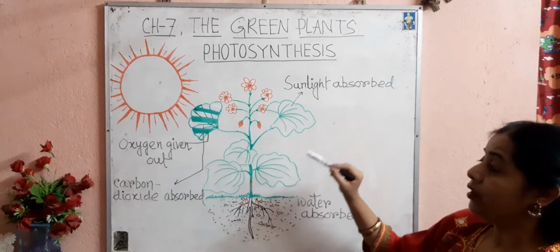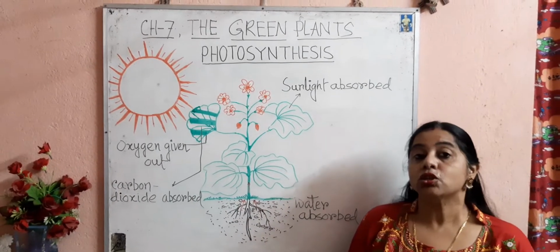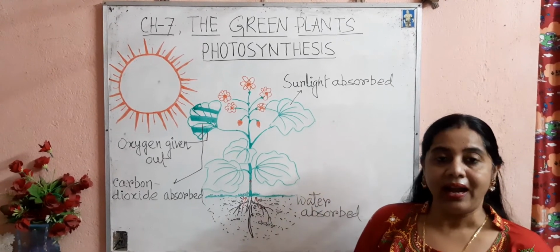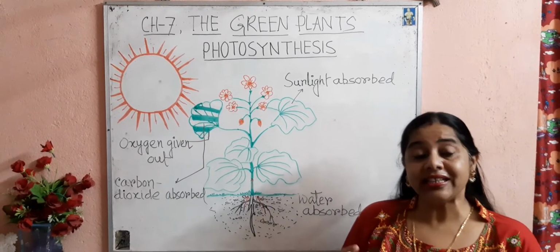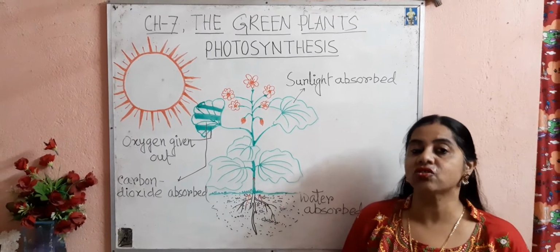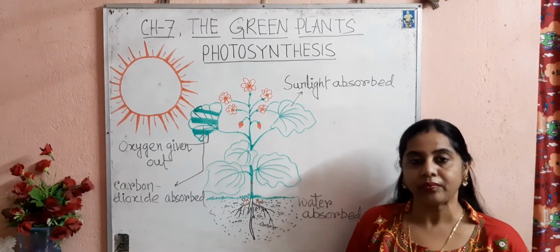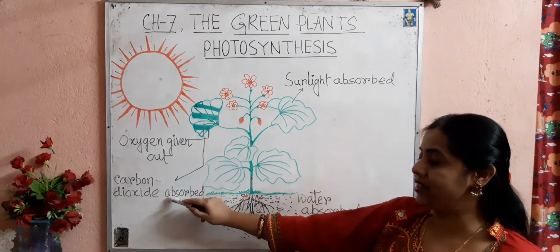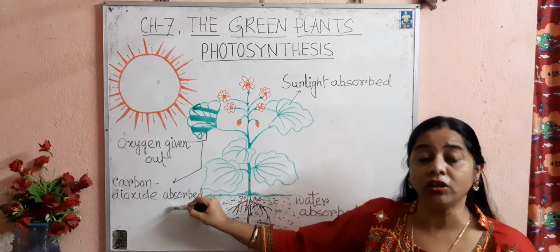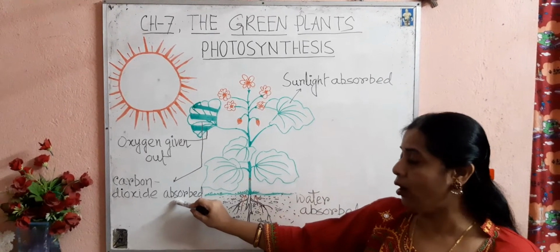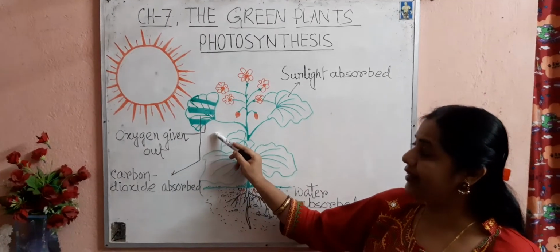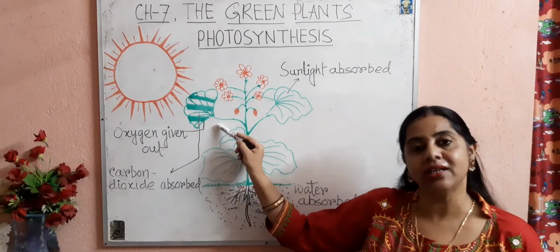Now children, all of you know that stomata are present on the underside of the leaves. And I told you that gaseous exchange in plants takes place through these tiny holes or stomata. So, carbon dioxide, which is also an important factor for photosynthesis, is absorbed from the atmosphere and trapped inside the leaves through the stomata.